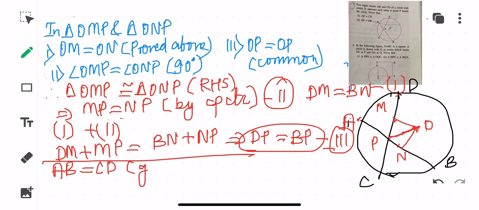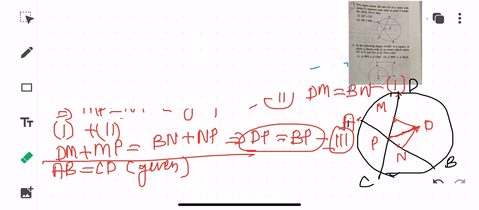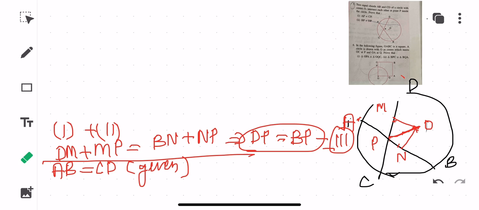Okay, this has been given. So from 3, what you will be writing, AB minus BP. Okay, so from equation number 3, what are you getting?